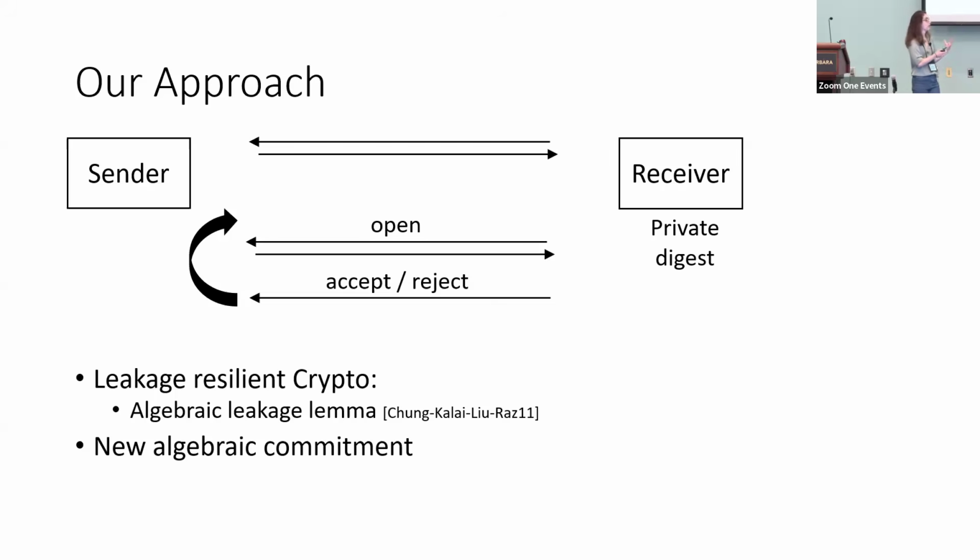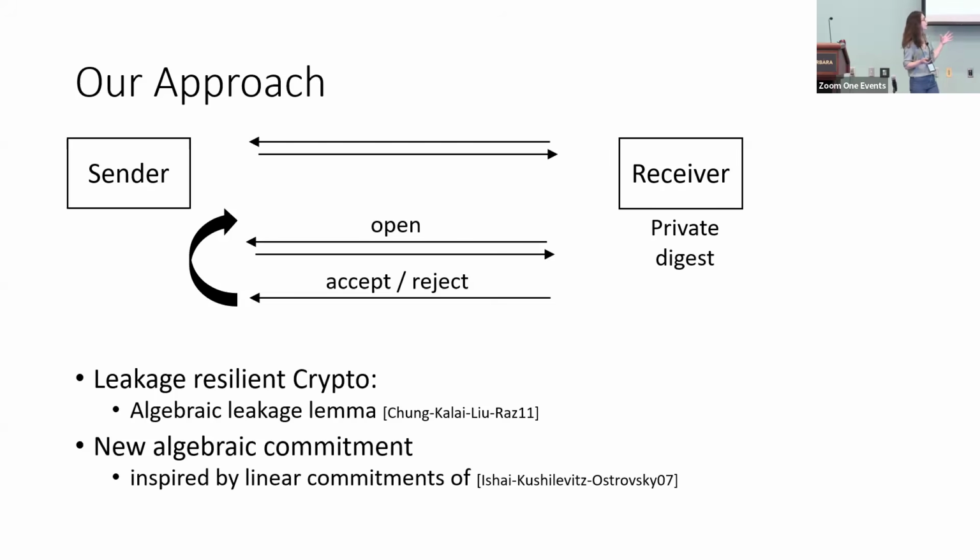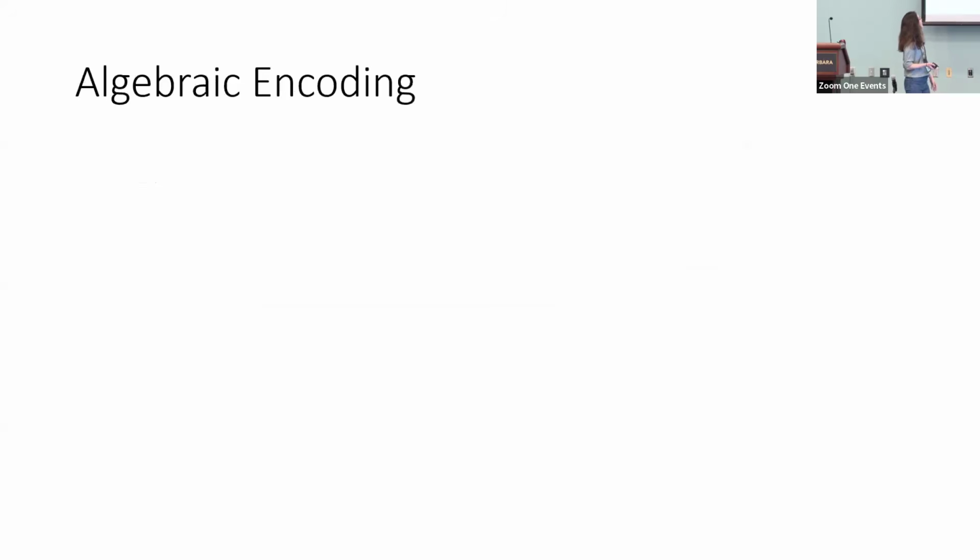Okay, so our algebraic commitment is inspired by the work of Ishai et al. on linear commitments. And in this commitment, we can use the leakage lemma, and then we can use the leakage lemma to show that the commitment is resilient to selective rejection attacks. So in the rest of the talk, I will tell you about this algebraic commitment and about the leakage lemma, and we'll see how it solves the problem of selective rejection attacks.